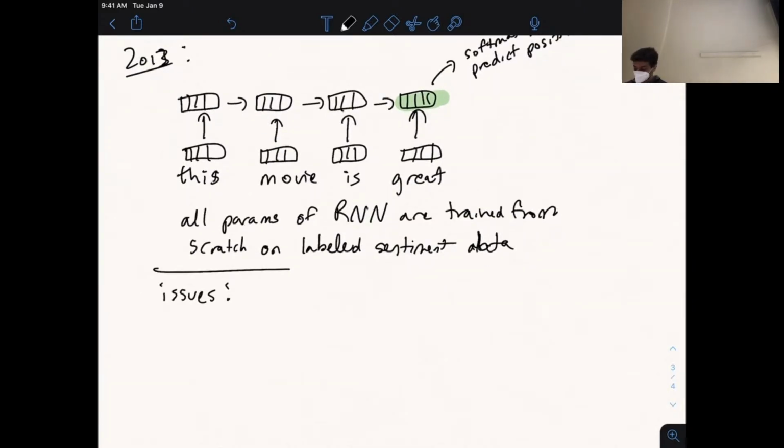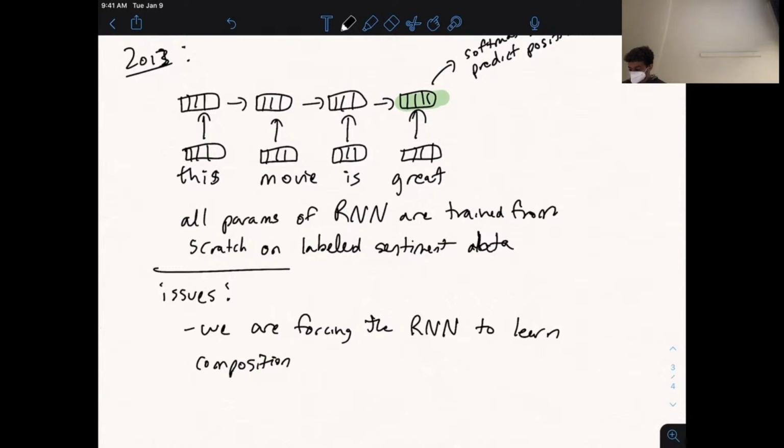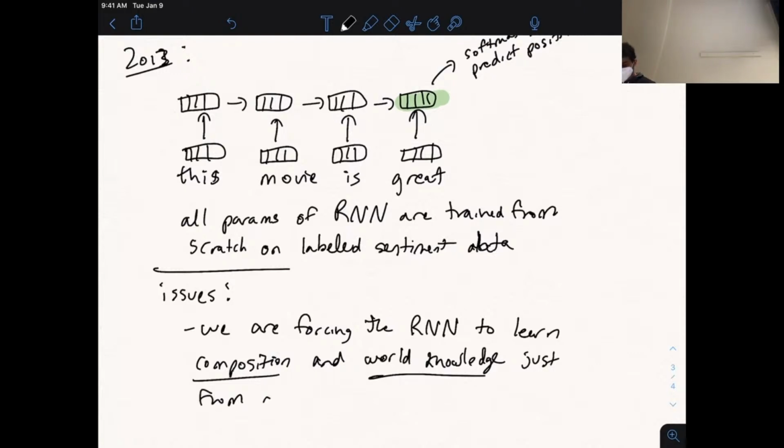The big issue is that we are forcing the RNN to learn composition and world knowledge and many other linguistic properties just from a tiny labeled data set.